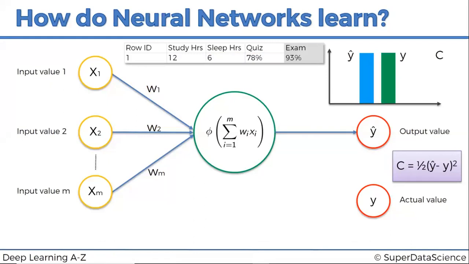Every time we feed in exactly that same row, because in this case we're just dealing with that one row, into our neural network, the values get multiplied by the weights, the activation function is applied, we get y hat, it is compared to y, then we see how the cost function has changed, feed that information back into the neural network, and then adjust the weights again. Then we repeat the same process with the same exact row, trying to minimize that cost function. Up until now, we've been dealing with just that one row.